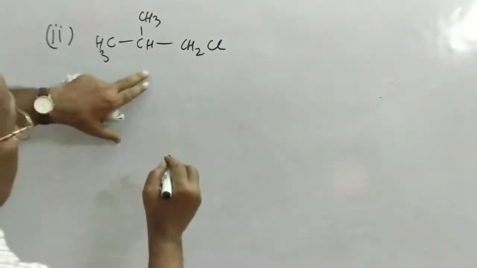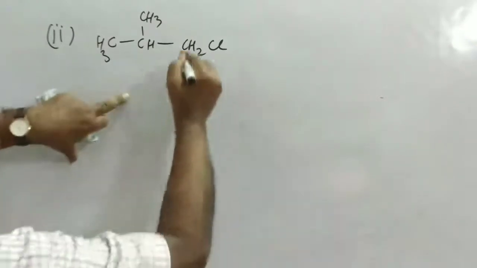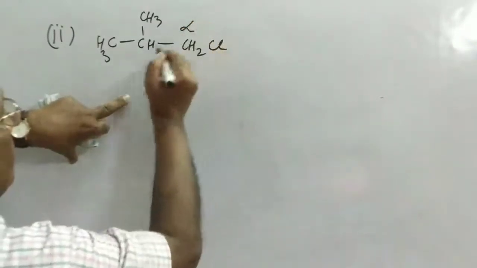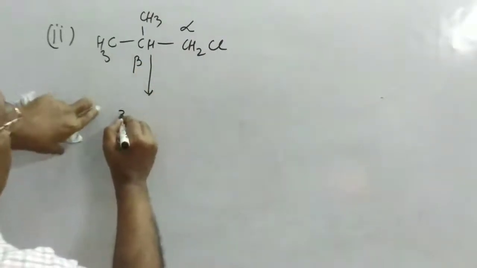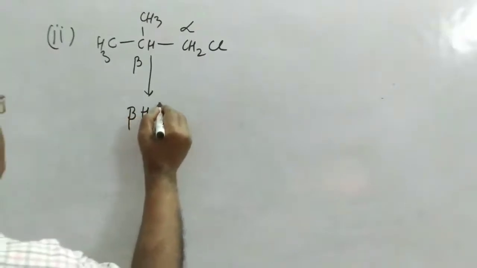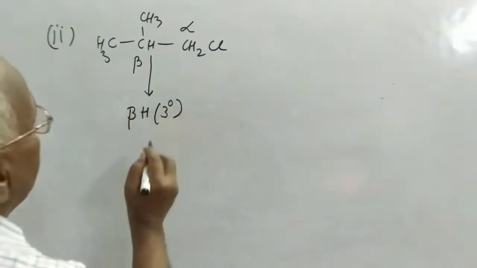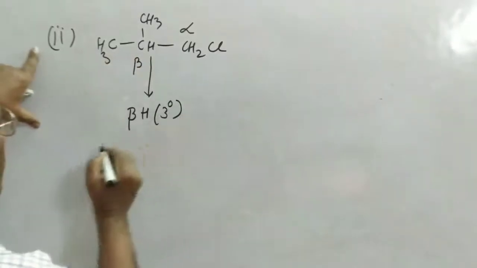This is a haloalkane. This haloalkane is a 1 degree haloalkane. This is alpha and this is beta. This hydrogen is beta hydrogen, 3 degree. Beta hydrogen 3 degree.